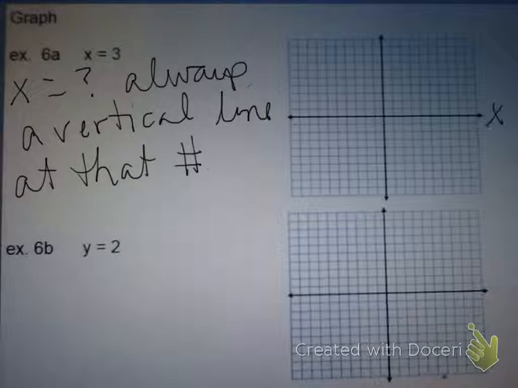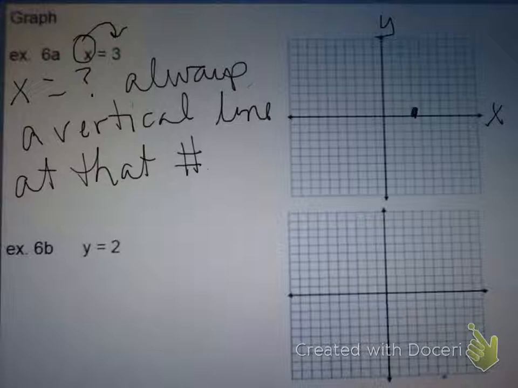So draw your x and y axis, a vertical line at whatever that number is, 3. And which do we go on, the x-axis 3 or do we go on the y-axis 3? A little hint is you go over whatever that letter is. That is an x. So you go on the x-axis to 3.